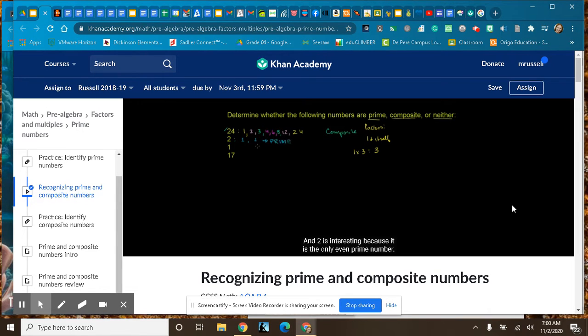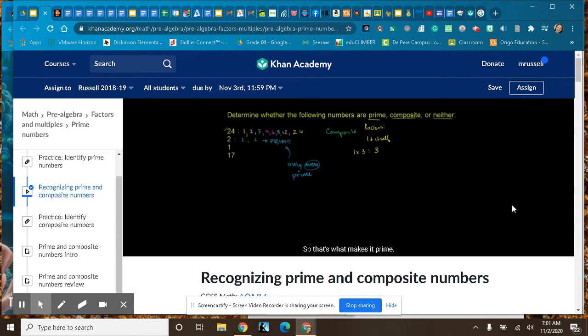And 2 is interesting because it is the only even prime number. And that might be common sense to you because by definition, an even number is divisible by 2. So 2 is clearly divisible by 2. That's what makes it even. But it's only divisible by 2 and 1.